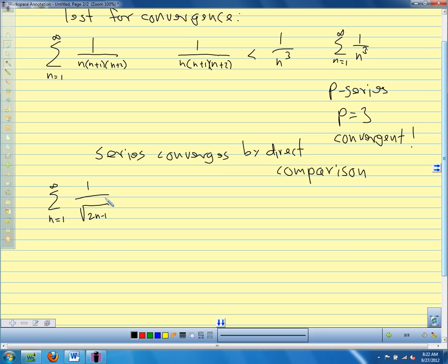Well, if we want to show that it diverges, we have to show that the terms are greater than the terms of a divergent series. So if we want to go the other way, we have to find a divergent series whose terms are less than the terms of the series we're interested in.